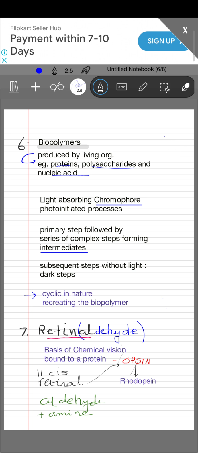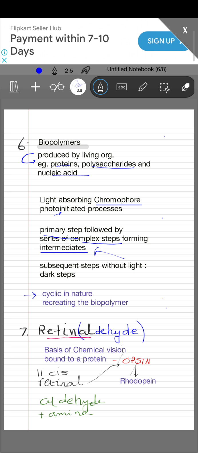So a light absorbing chromophore means that on absorption of light there is a series of chemical processes going on, which is preceded by a primary step, and these series of chemical processes produce intermediates in each and every step.